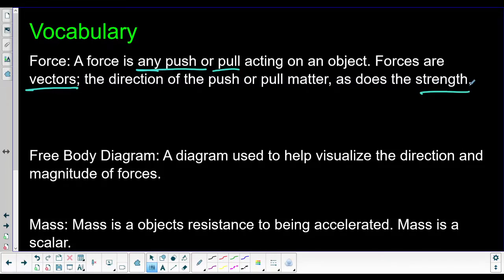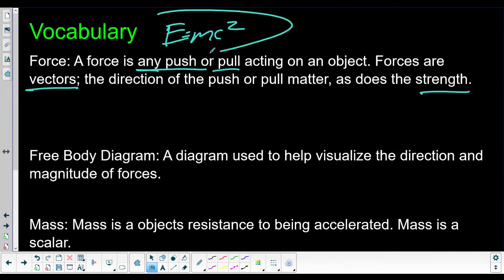Okay, let's go ahead and just get this out of the way. Almost everybody knows the equation for force just because it's almost like a meme, right? It's one of those equations that just everyone knows, just like E equals mc squared. You probably know the equation for force already.